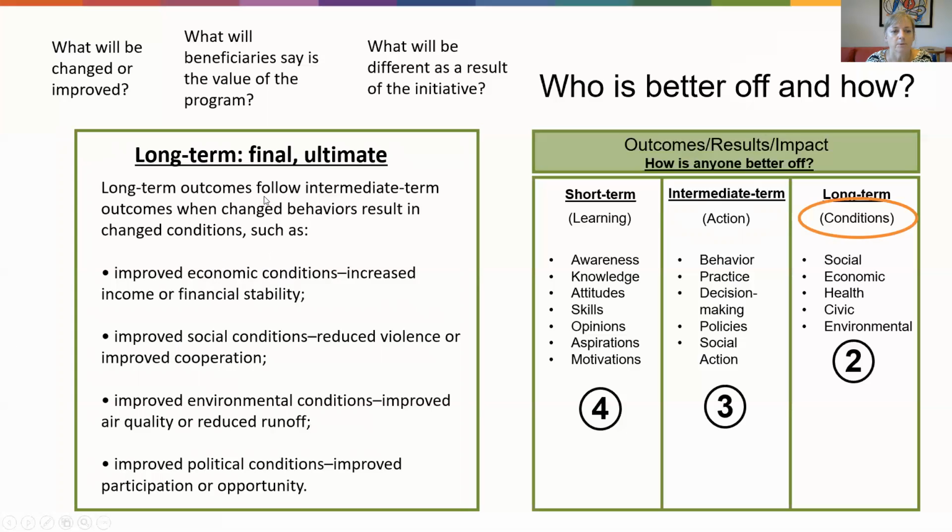So long-term outcomes follow intermediate terms when changed behaviors result in changed conditions, such as improved economic conditions, so increased income or financial stability; improved social conditions, so maybe reduced violence or improved cooperation; improved environmental conditions, air quality or reduced runoff; improved political conditions, participation or opportunity.